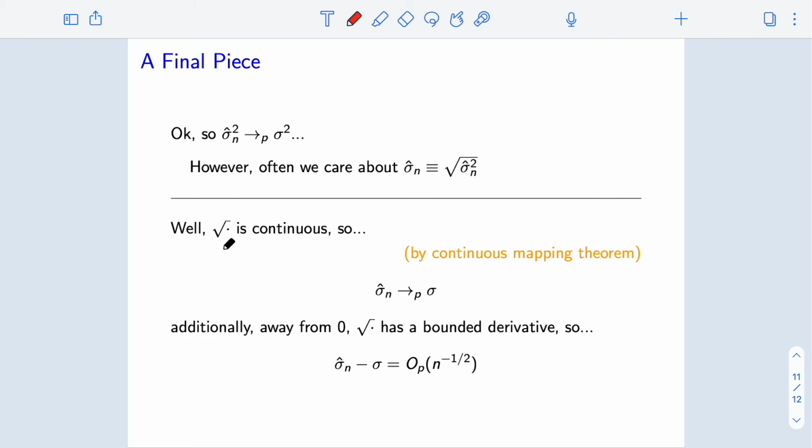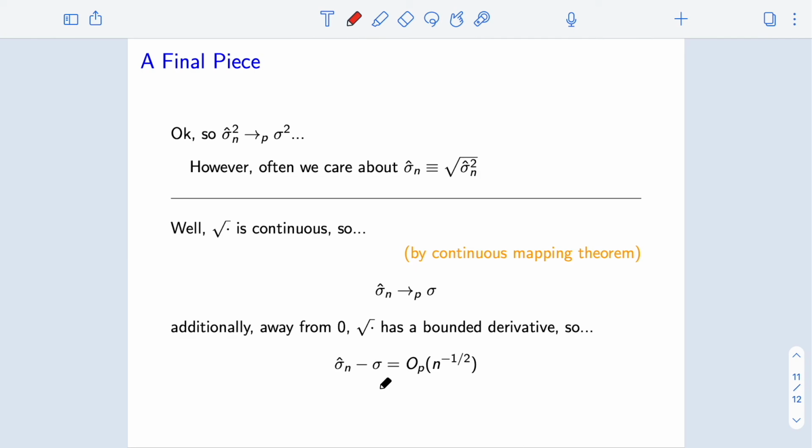We actually proved this statement, the continuous mapping theorem for convergence in probability, earlier. In addition, because square root is not only continuous, but away from 0, it actually is differentiable and has a bounded derivative, we know that the rate of convergence of sigma hat squared to sigma squared is then the same as the rate of convergence of sigma hat to sigma.